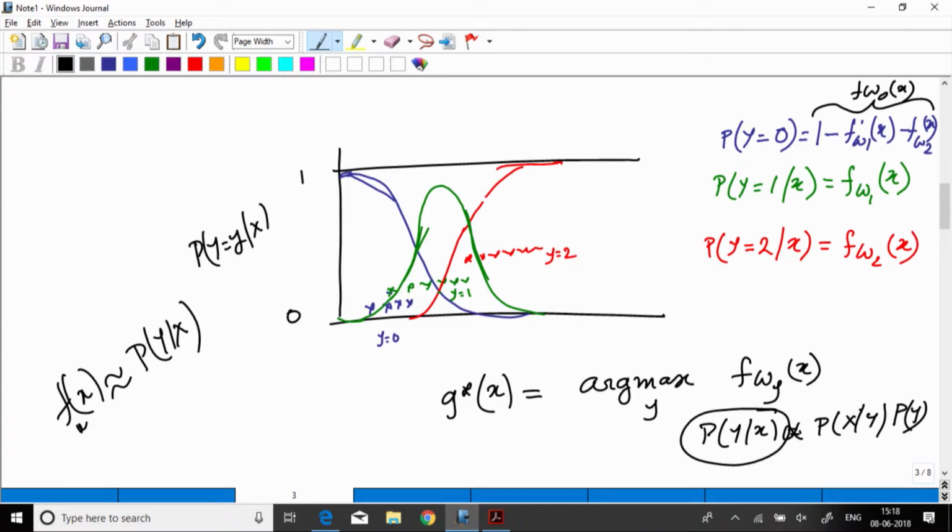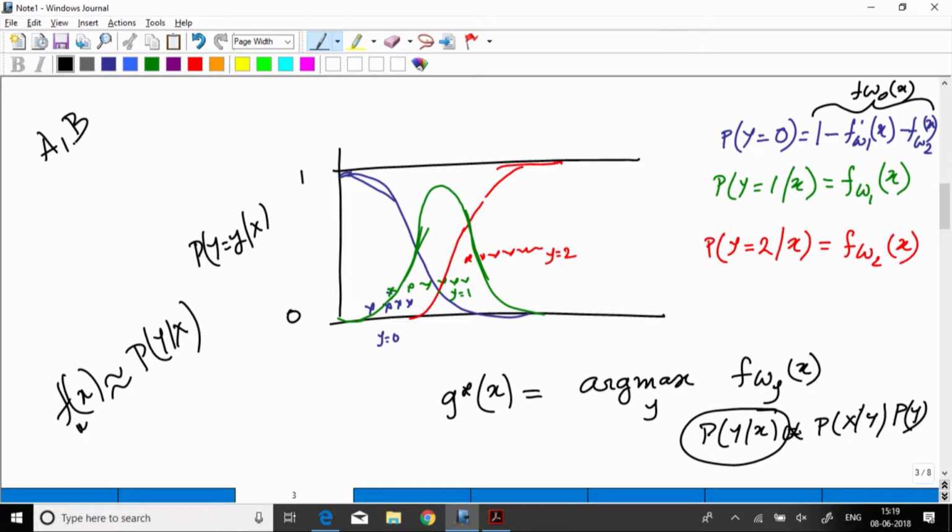Something is known and something is unknown. Which is known and which is unknown? X is known and y is unknown. So now see, if we have A and B, both random variables, what is this? Is it a likelihood or a posterior? Tell me.